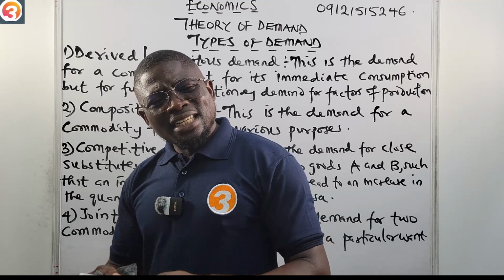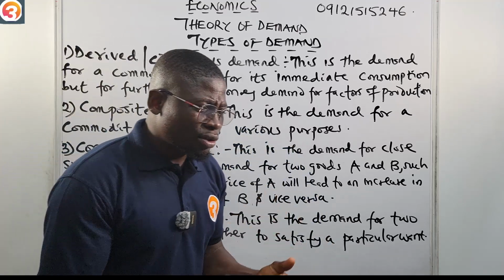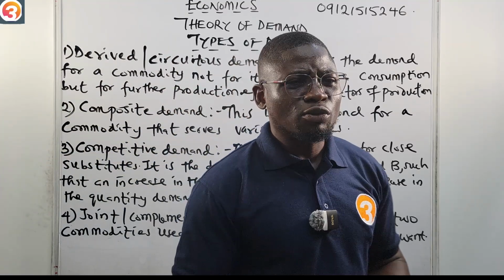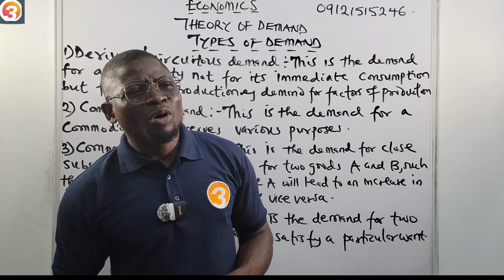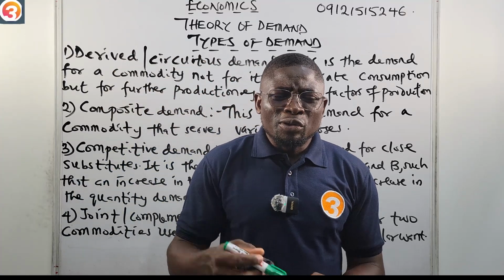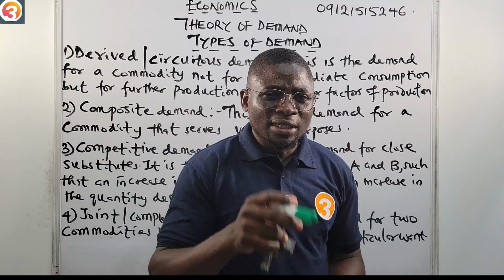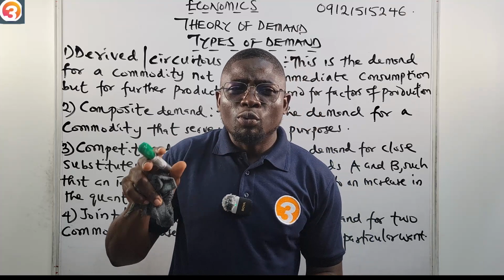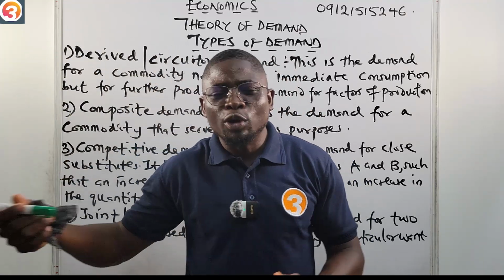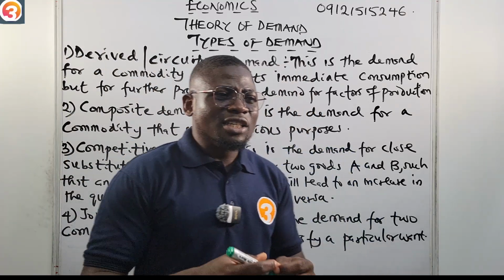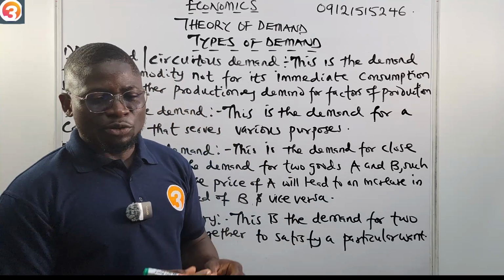That means for derived demand, examples are things that we order, not because we really need them, not because they are the final thing that we need. It's because maybe they are going to do something for us that will bring what we need. It is not for direct consumption. That's what derived demand is.